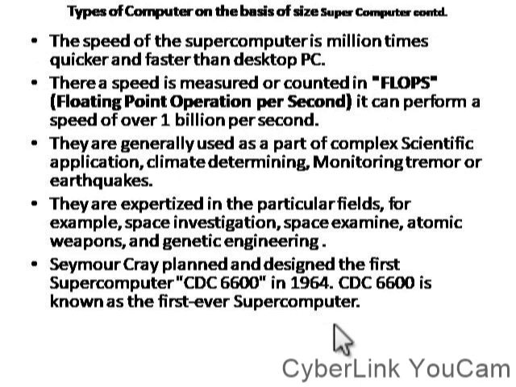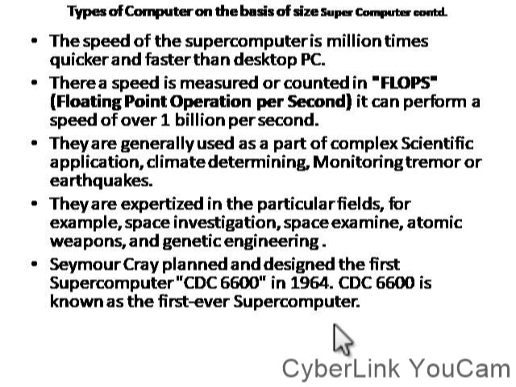The speed of a supercomputer is millions of times quicker than a desktop PC. Its speed is measured in flops, floating point operations per second. If we want to measure the speed, what is the speed measurement here? Flops. It can perform at a speed of over 1 million per second.